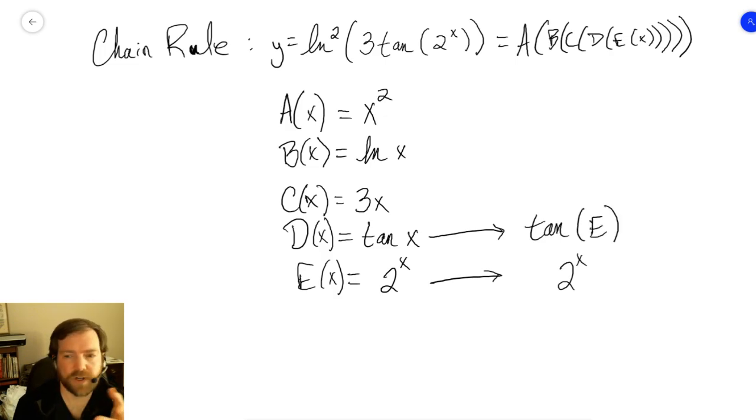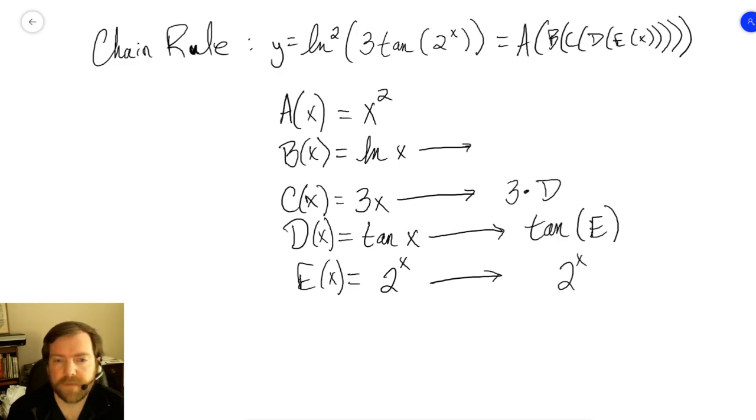We're just going to use the function names as the variables here. So this may be interesting. It may be crazy. We'll see how it goes. c of x is now going to be 3 times d, right? This function that was here. The natural log of x is going to be the natural log of c. And x squared is going to be b squared.